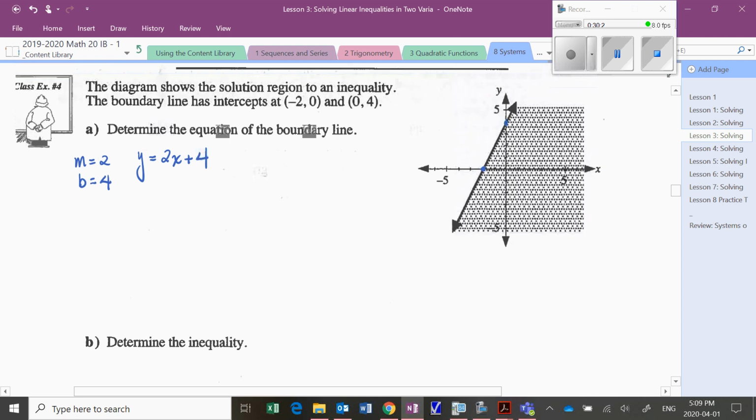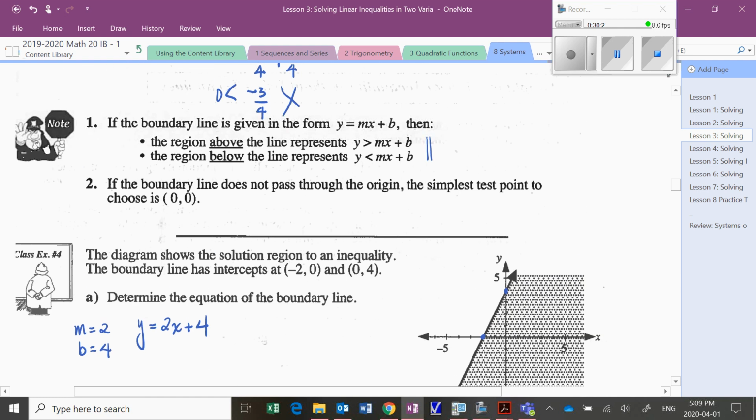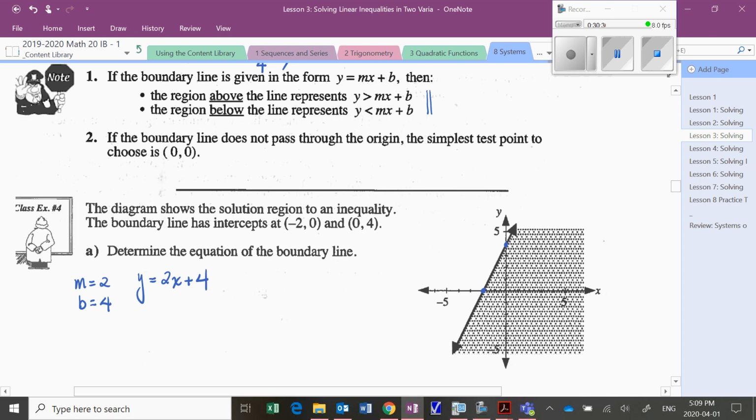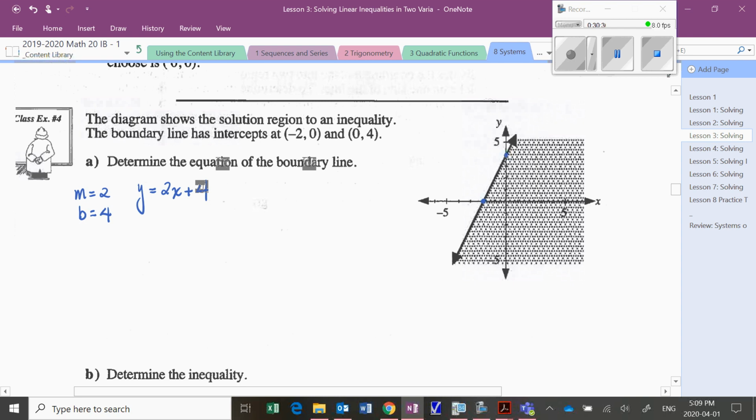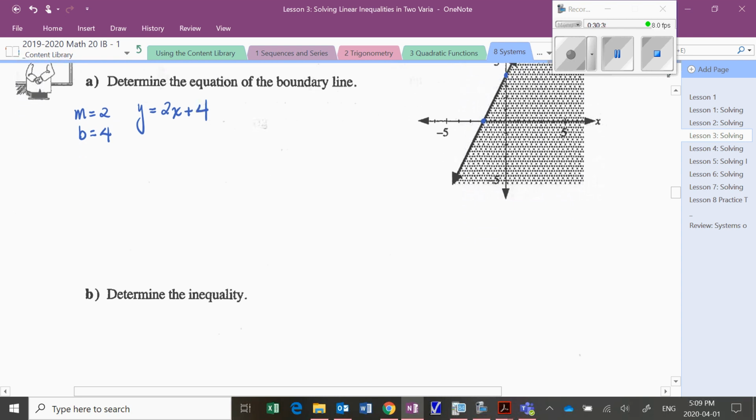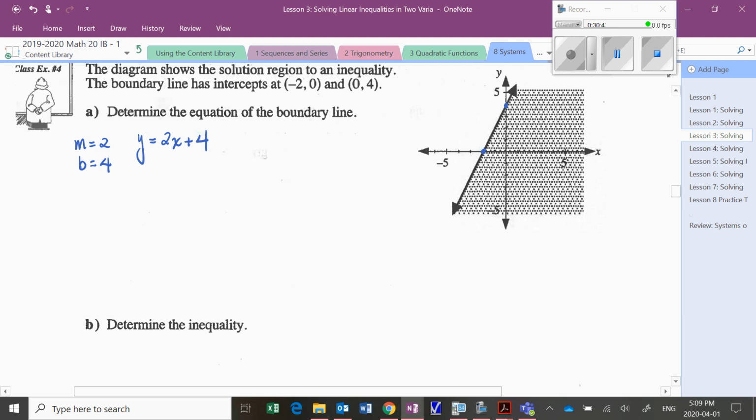Okay, so determining the inequality, then it's one of those things too. Again, we could go back up to what this little note says right here, recognizing that it's the region below the line, so y is less than 2x plus 4. But again, if you're not sure and you don't want to just guess, you could just pick a test point and say, is this going to be true? So in this case, if we pick 0, 0, and if we substitute that in, then 0 is, and we've got some symbol here we're going to insert, 2 times 0 plus 4.